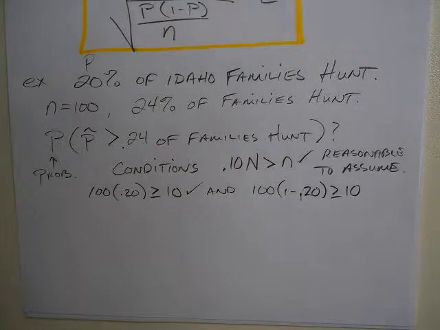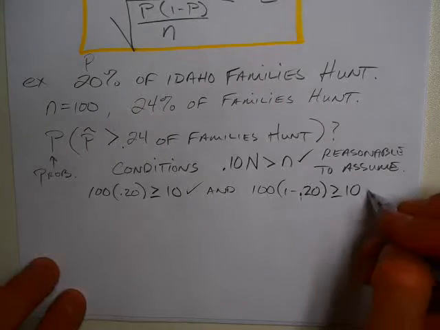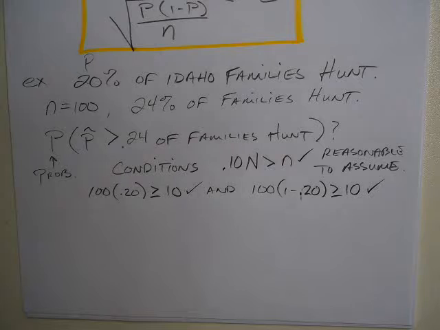Yeah, that's 80%. 80% of 100. It's definitely bigger than 10. So this one says that we can find sigma p hat. This one says it's approximately normal. So we can go ahead with our calculation.